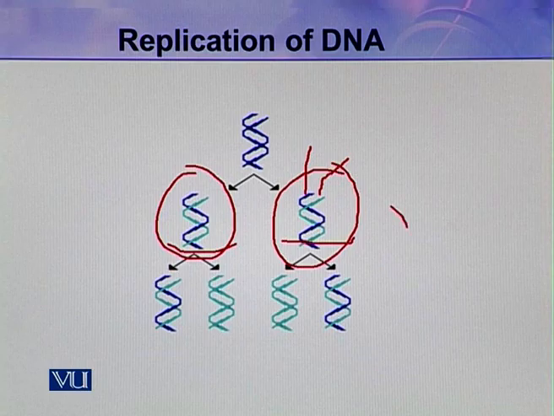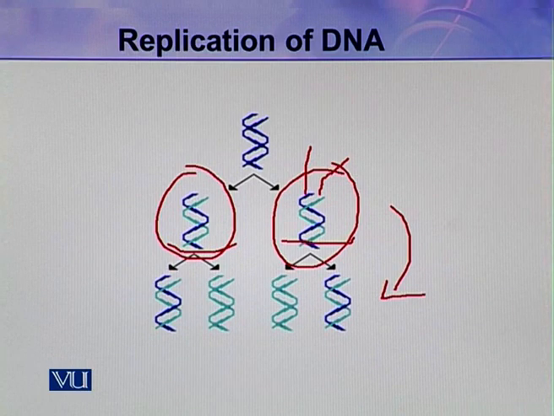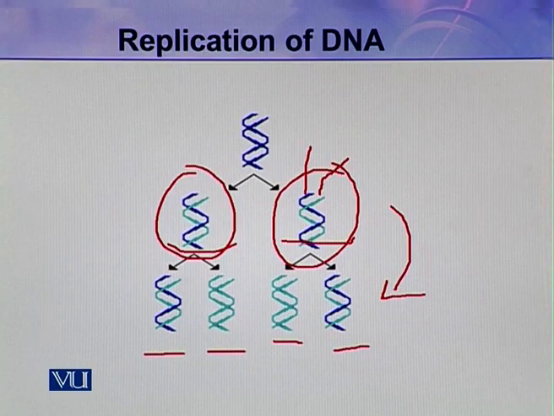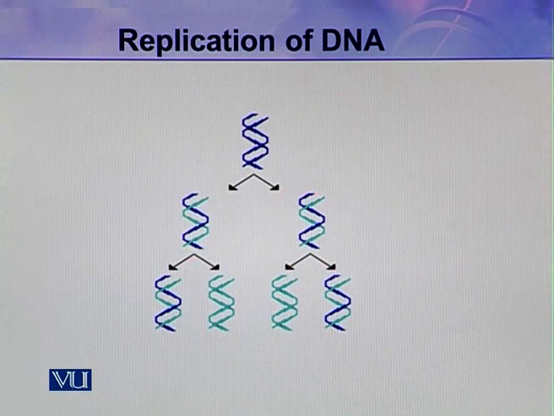Similarly, in the next cycle of replication, you can see again in this duplex, one strand is parental and one is newly synthesized. Similarly, in all these DNA duplexes, one strand is parental and the other one is newly synthesized. So this is called semi-conservative replication.